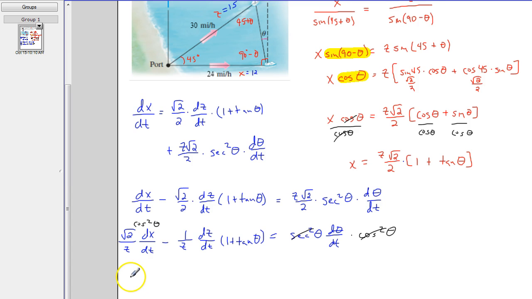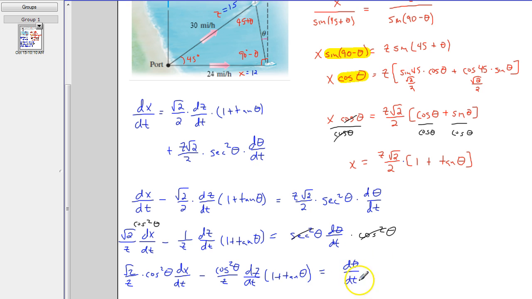So I got square root of 2 over z times cosine squared theta dx dt minus cosine squared theta over z dz dt times 1 plus tangent theta. Alright, that equals d theta dt.